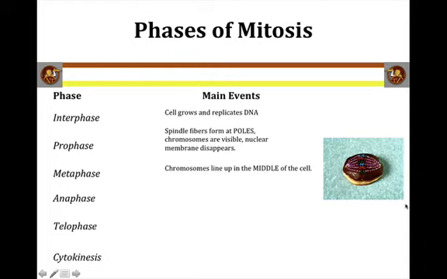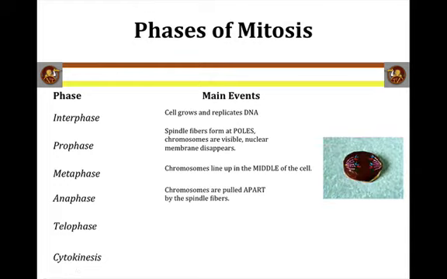They're ready to split. So in anaphase, the chromosomes are pulled apart by the spindle fibers. Apart is our key word, all in caps, for anaphase. Alright, so you look over here at our picture, and our chromosomes have moved apart to either end of the cell. They are no longer X's, but they have been split in two. After anaphase, we have telophase.